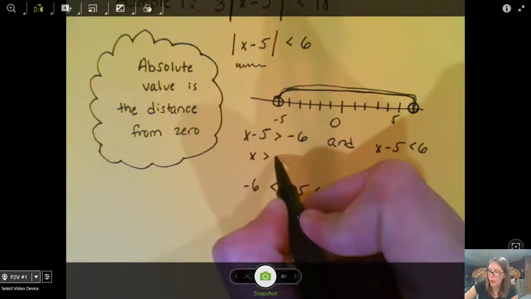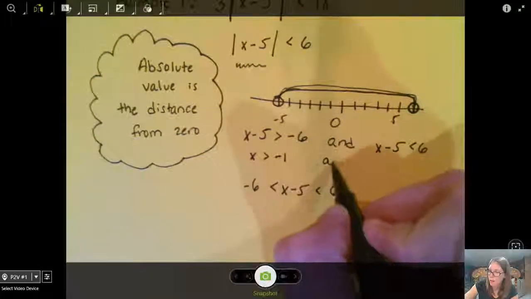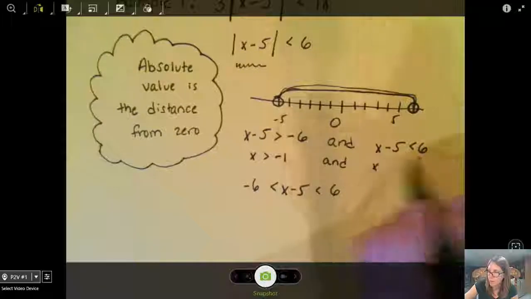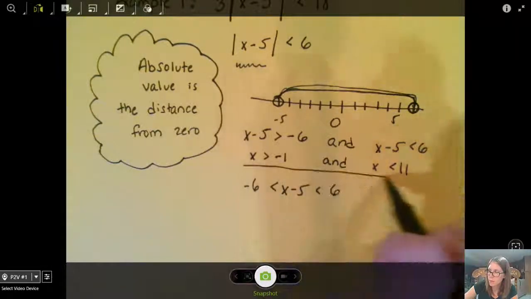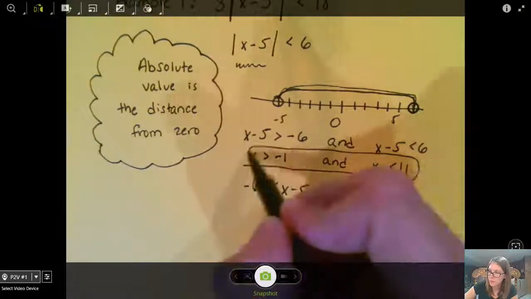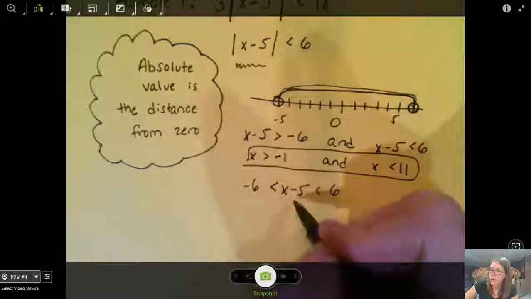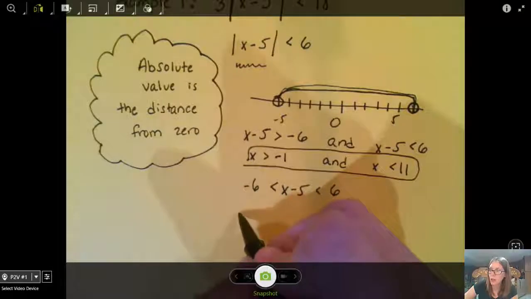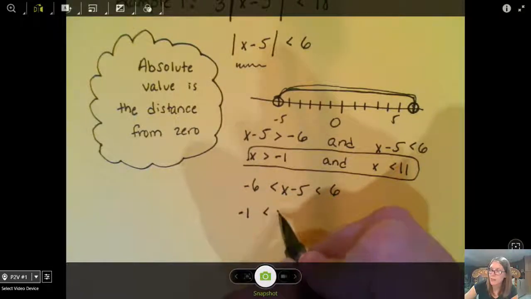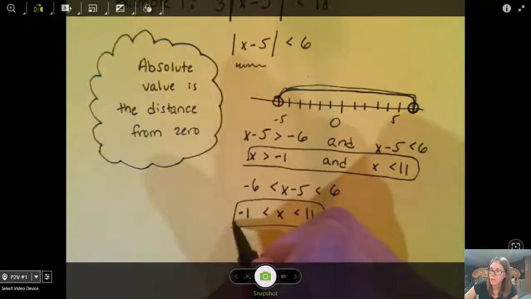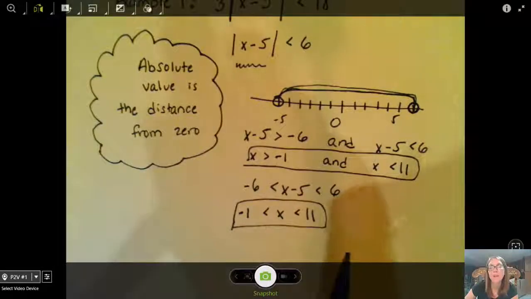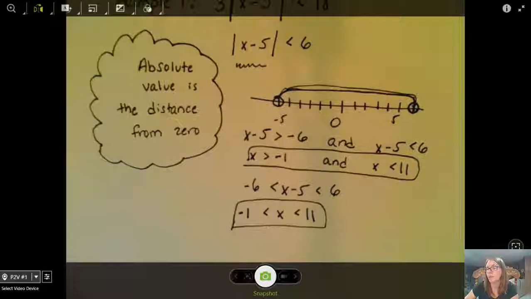So x is greater than negative 1. Add 5 to both sides and less than 11. Or here, if we add 5 to each side, we get the same thing. Negative 1 is less than x, less than 11. So either way, x is between negative 1 and 11. There is our solving an absolute value inequality.